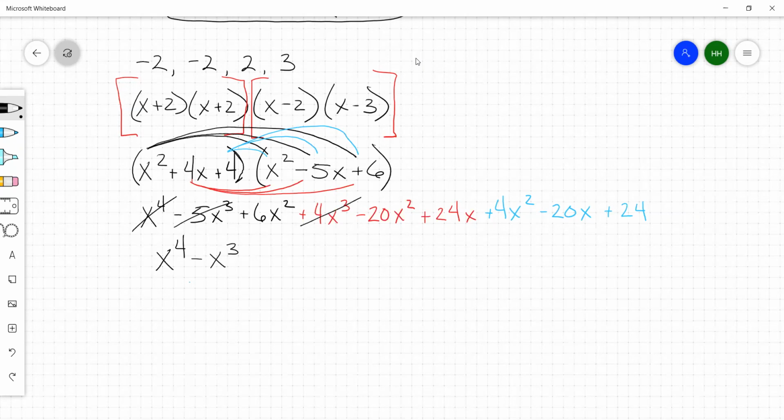I've got an x squared, an x squared, and an x squared. So I've got 6 minus 20, which is -14, plus 4, which is -10x squared. And then I cross out all these x squareds. It looks like I'm down to this 24x minus 20x. And 24x minus 20x would be +4x. So I can get rid of those.